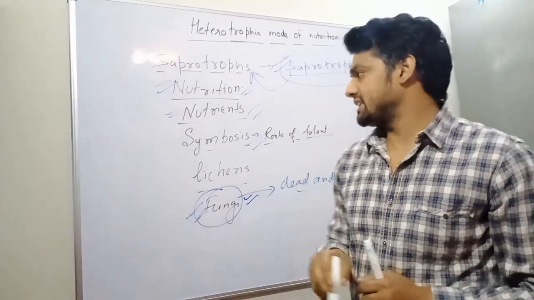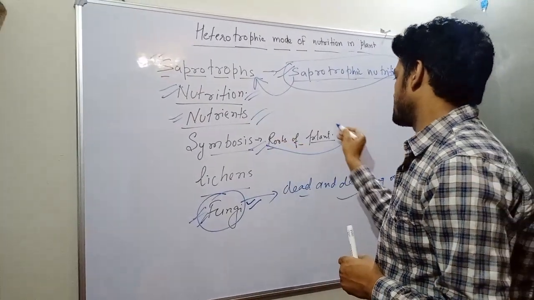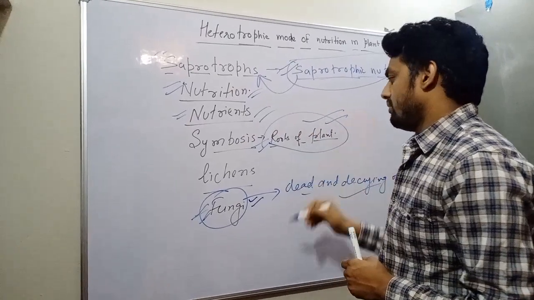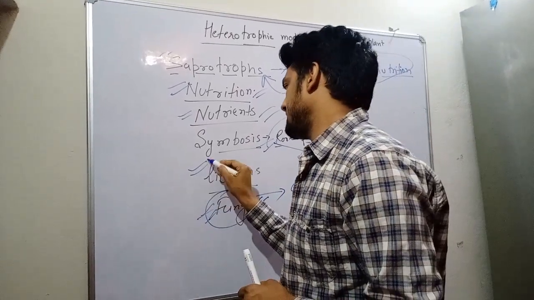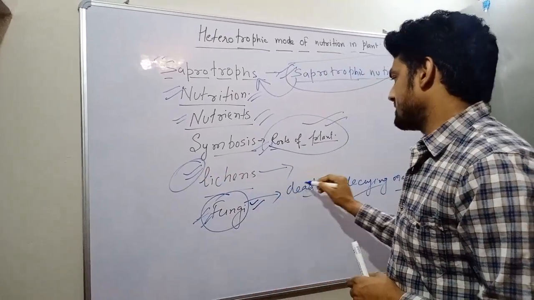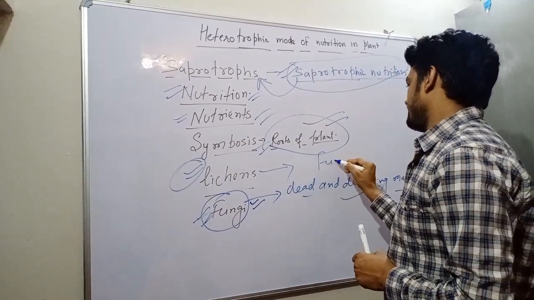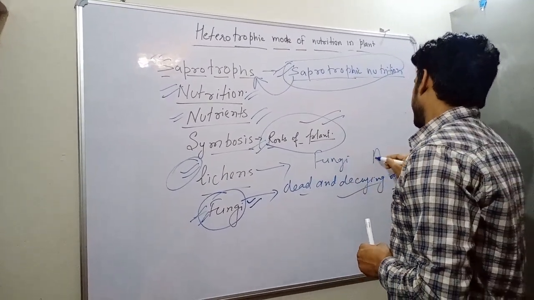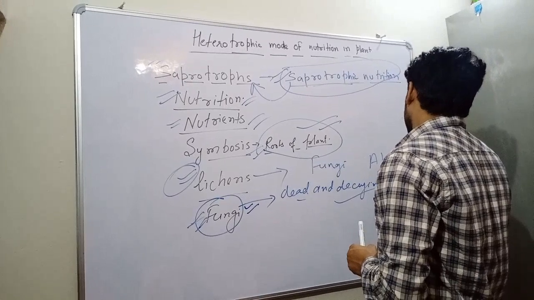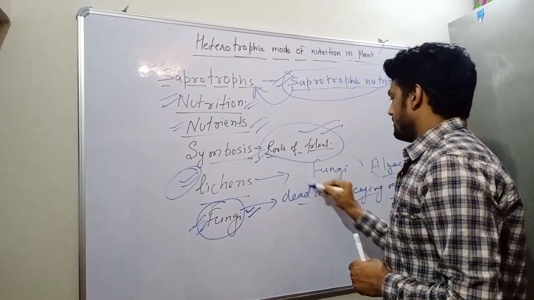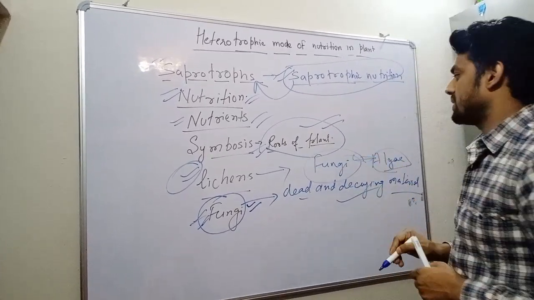We can see these kinds of things in the roots of plants. We have an example, lichen. Lichen is an organism in which both fungi and algae are present and live together.